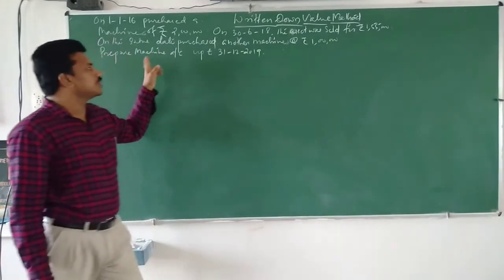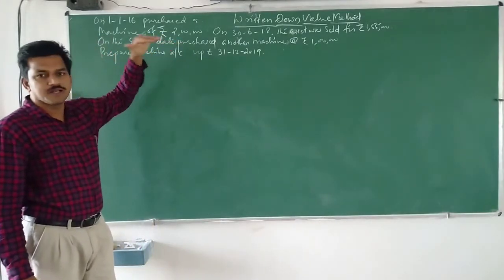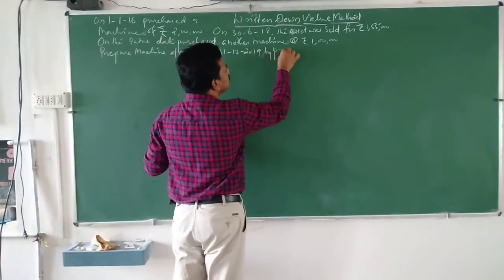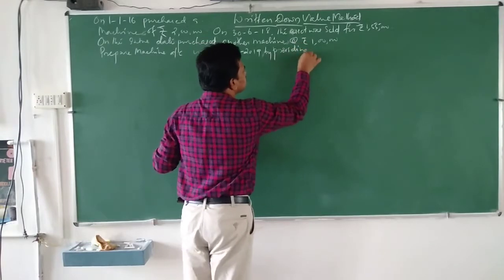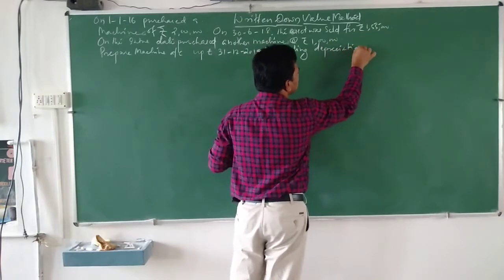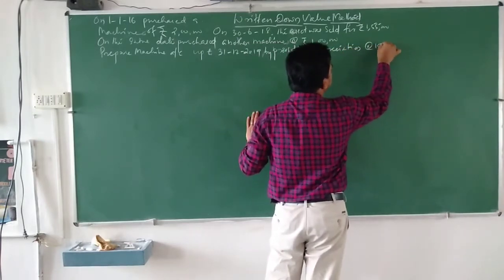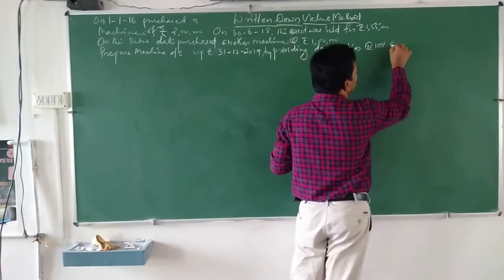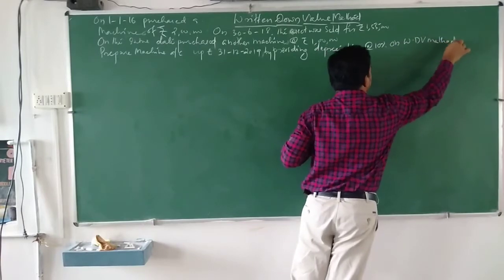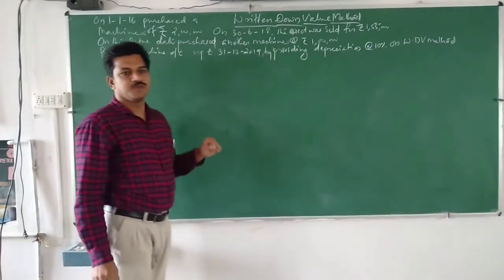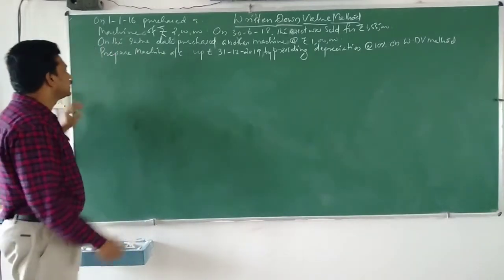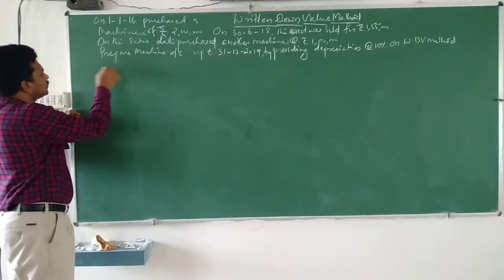You have to prepare the machine account up to 31st December 2019 by providing depreciation at the rate of 10% on written down value method. This is the question. So we have to prepare the machinery account, so let us prepare the account.